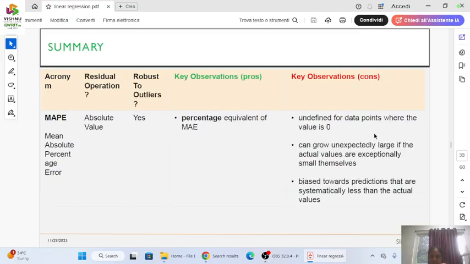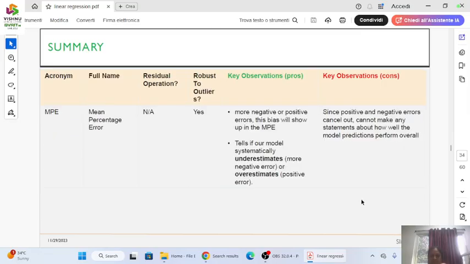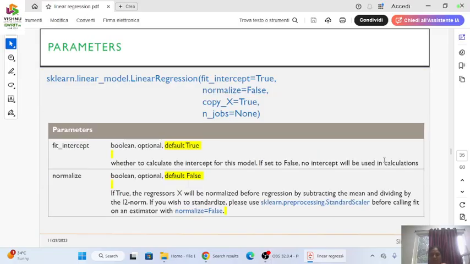And MAPE: data points where the actual value is 0 can grow unexpectedly large if actual values are exceptionally small themselves, and it is biased towards predictions that are systematically less than the actual value. Finally, MPE, the last one: since positive and negative errors will cancel out, I cannot make any statements about how well the model predictions perform overall.